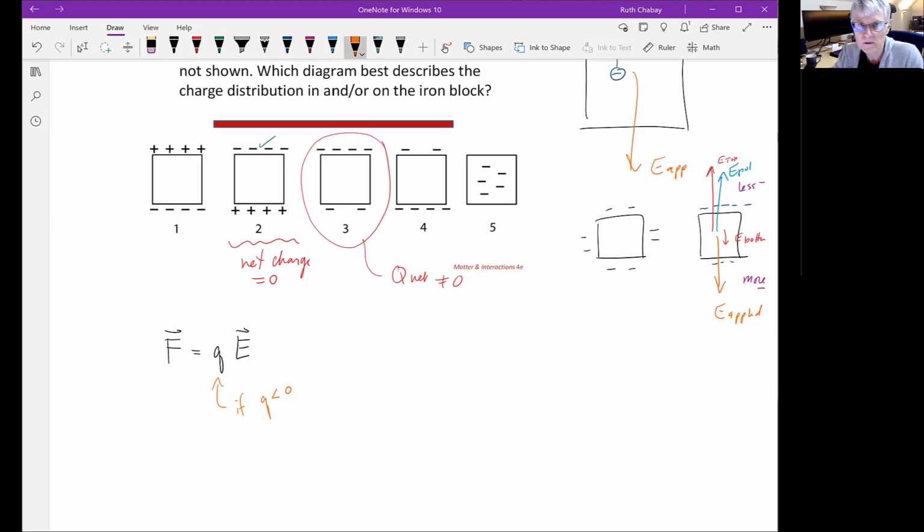So if we have an electron here, and we've got a field down, then the force on the electron is always going to be in the opposite direction of the field. So that's really an important thing to remember.